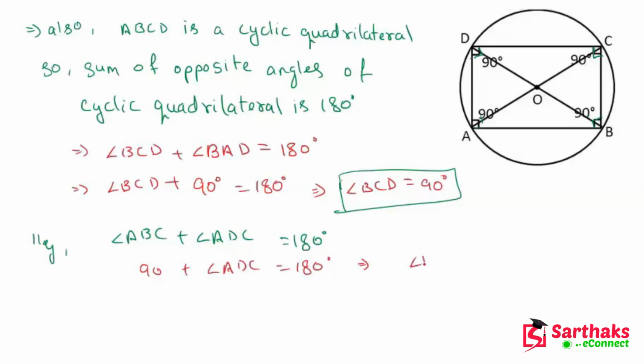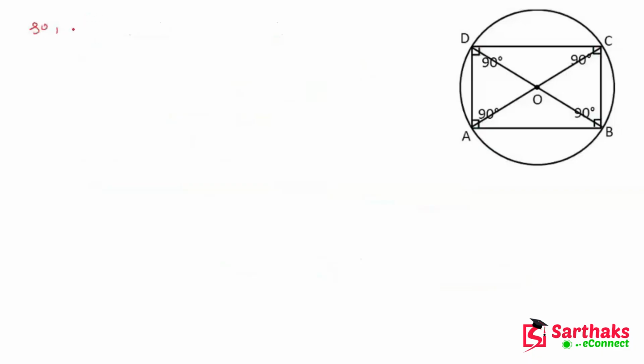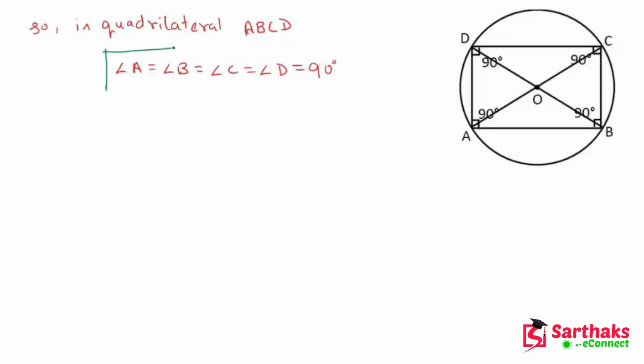From this, angle ADC is equal to 90 degrees. So all the angles of this cyclic quadrilateral are 90 degrees. In quadrilateral ABCD, angle A equals angle B equals angle C equals angle D equals 90 degrees.